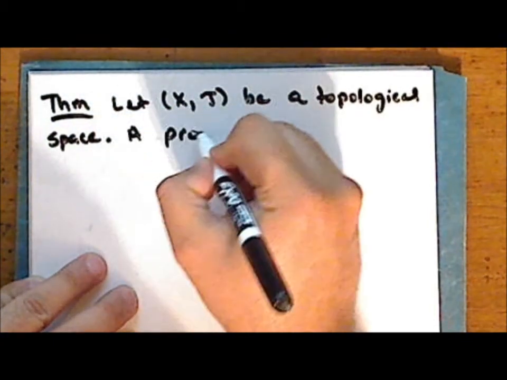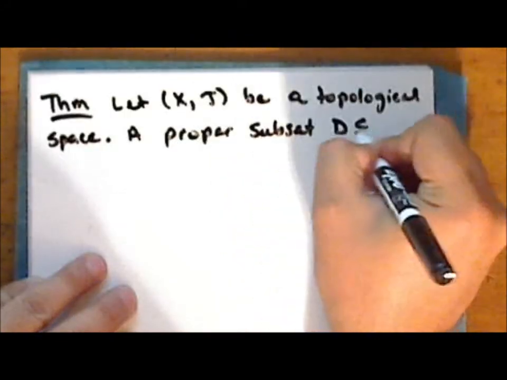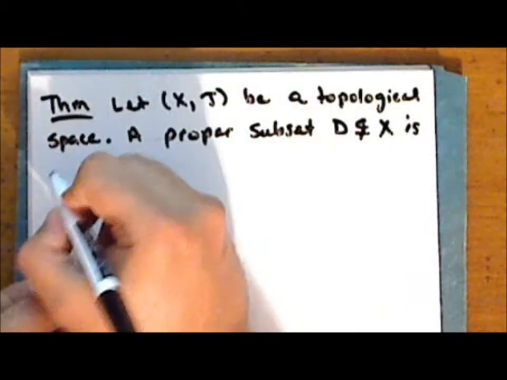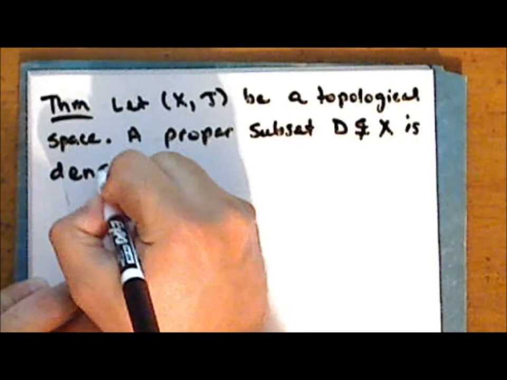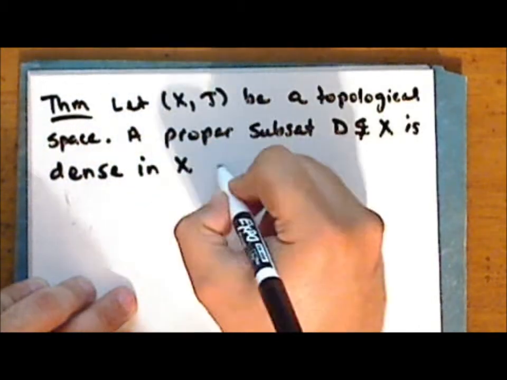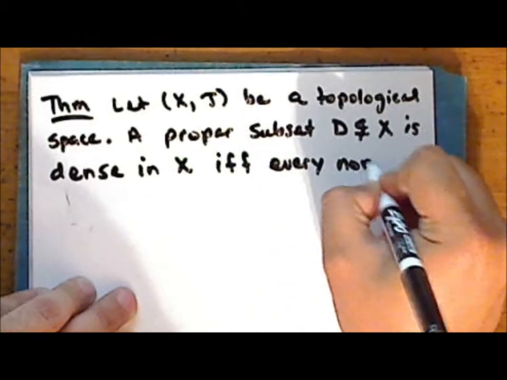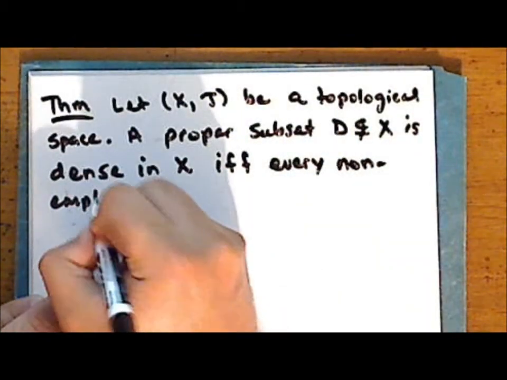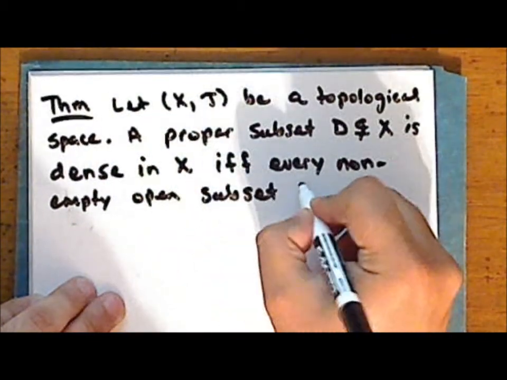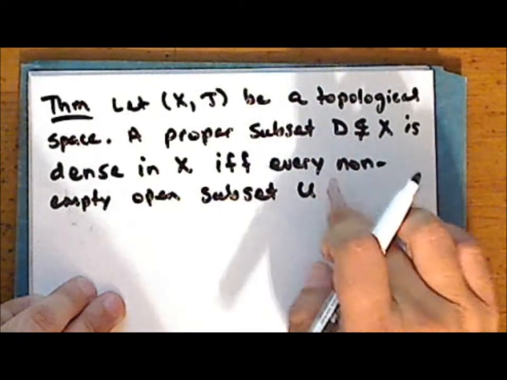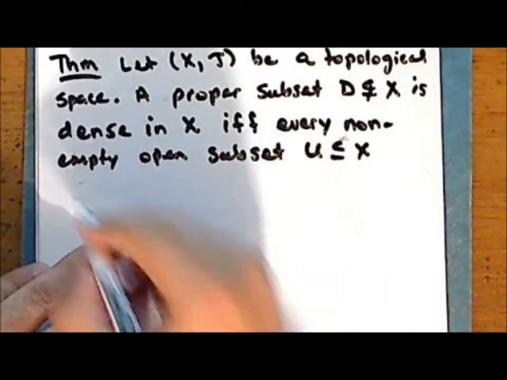A proper subset D of the space X is dense in the space X if and only if every non-empty open subset U of X intersects the set D.